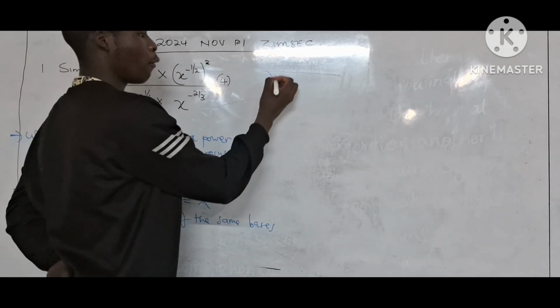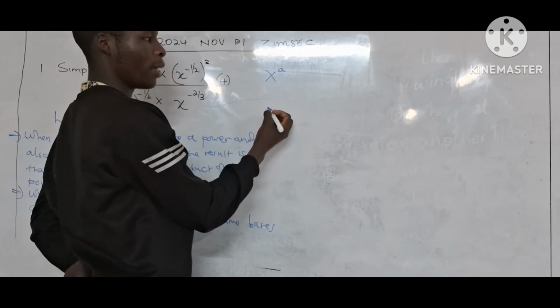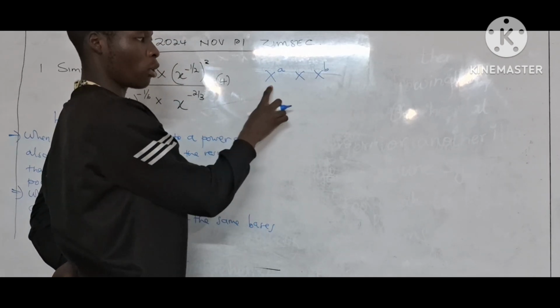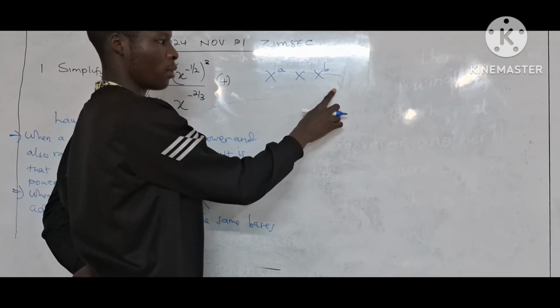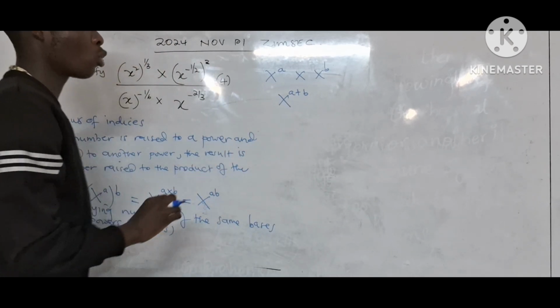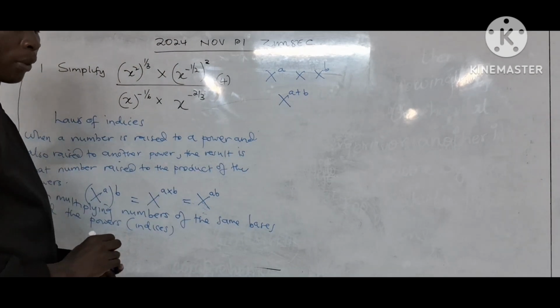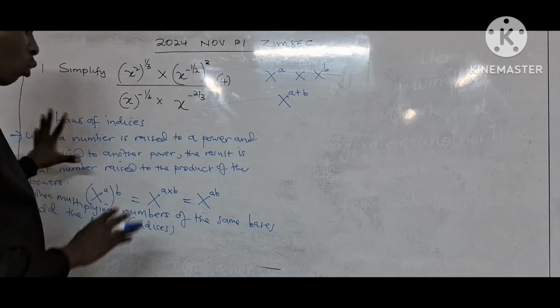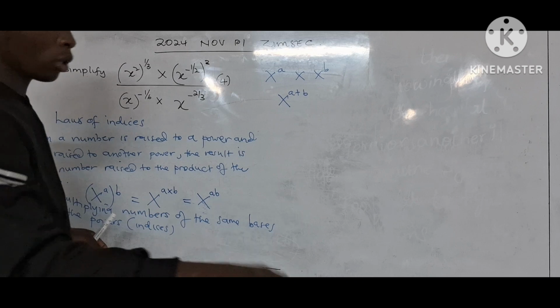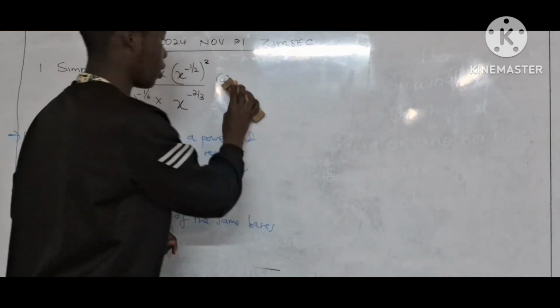If you have x to the power a times x to the power b, when you multiply numbers of the same base, you add the indices. So this is the final answer. You are supposed to recall these laws of indices and apply them. Okay, so let's do the question now.